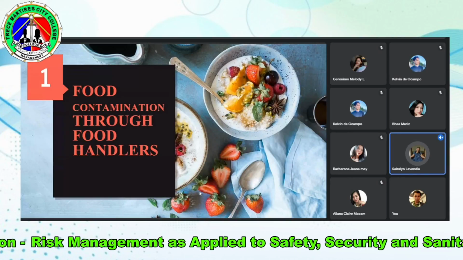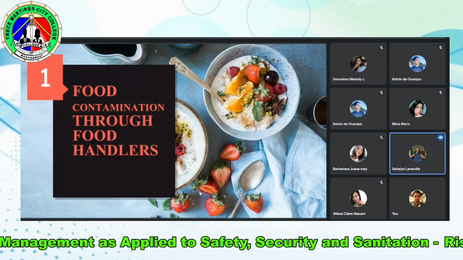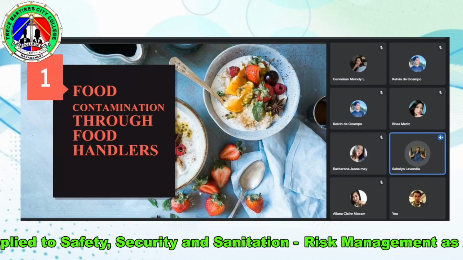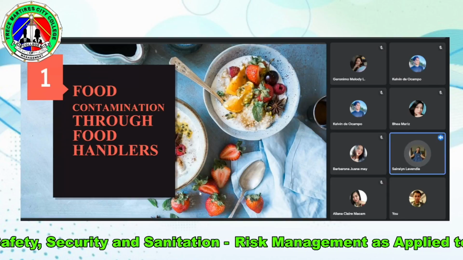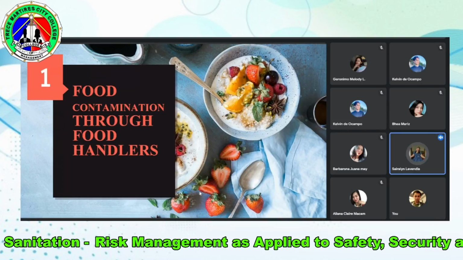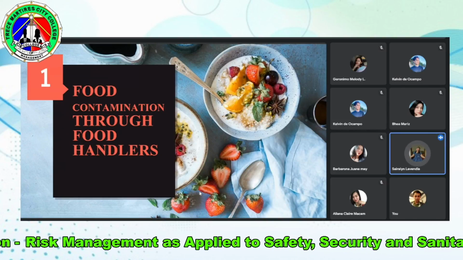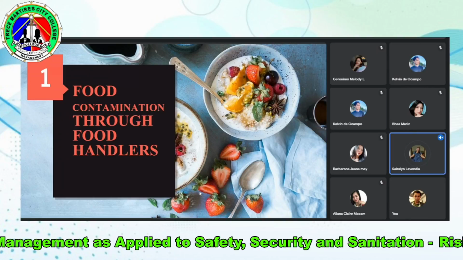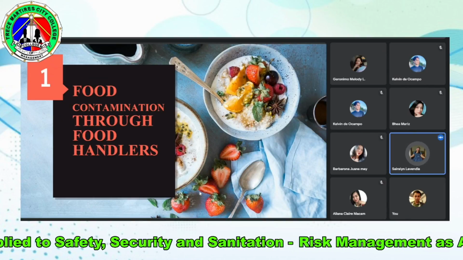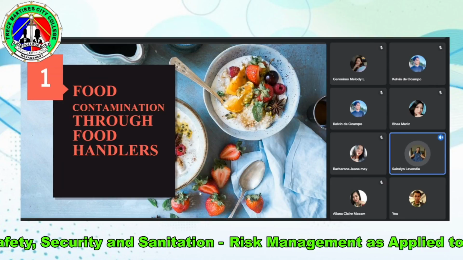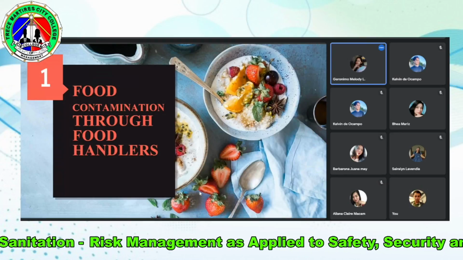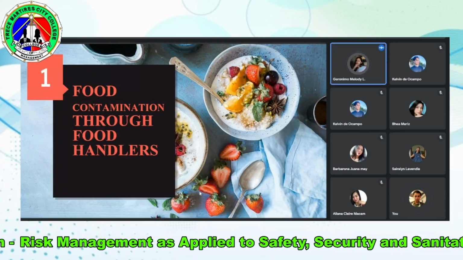Tingin ko po, mahalaga po na malaman natin kung bakit nagkakaroon ng food contamination for us to avoid it po. And para na din po makaiwas tayo sa foodborne illnesses or yung food poisoning due to food contamination po. Yes po, tama po yun, sir.